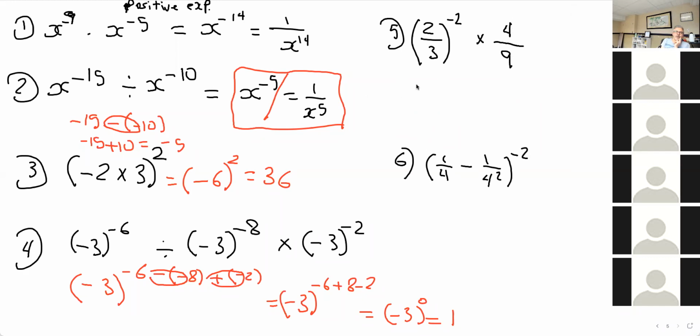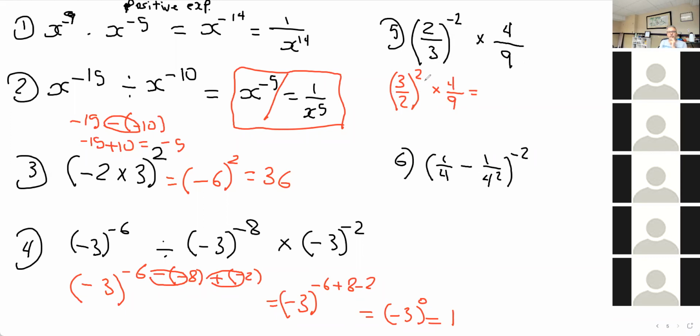So now we're going to go to this. This is exponents and fractions all over it. The first thing I need to do here, because the exponent is negative, remember that rule: if you have a fraction inside the brackets with a negative exponent, you flip that fraction, you make it 3/2 instead, and you make the exponent positive, times 4/9.